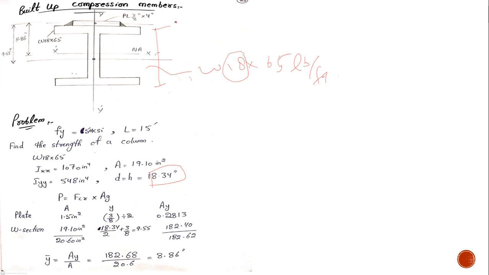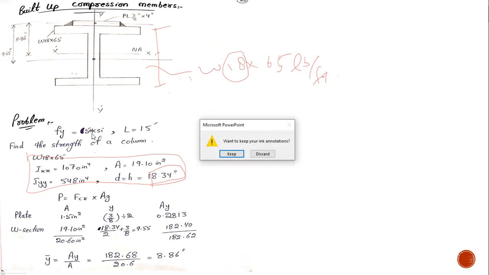So in the next step, I'll go to the manual and find the properties of W18x65. These can be easily found from the manual: Ixx, Iyy, area, and depth. So let me go back and find the values.